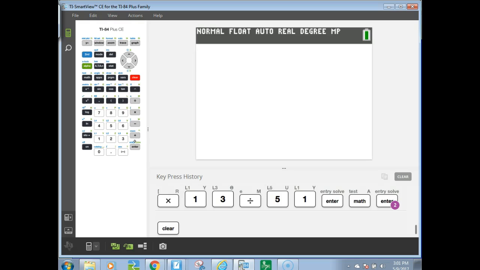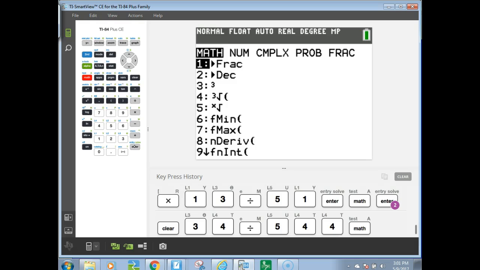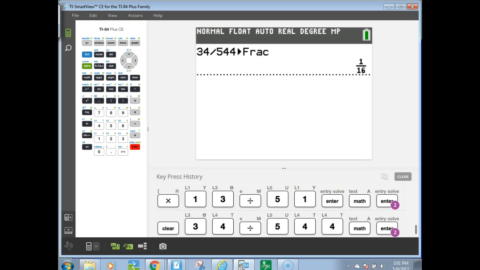Okay, so we're going to type in the fraction, 34 divided by 544, I believe. Yes. All right, now we want to reduce that, so we're going to use the math enter button because when our numbers get really big, it's not so obvious what it reduces to by hand. We got 1 over 16.